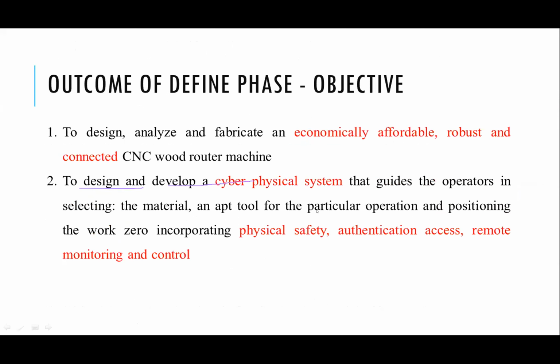So we defined it, and the final outcome of define is our objective. We need an economically affordable, robust and connected CNC wood router machine. It should be robust, and it should be connected, because without the knowledge of the owner, the machine should not be switched on or off.